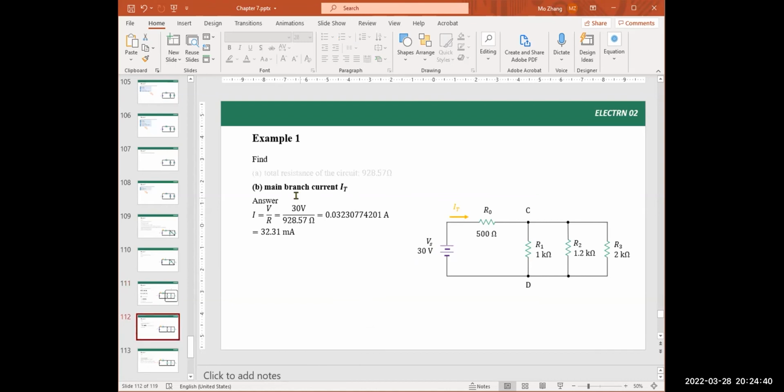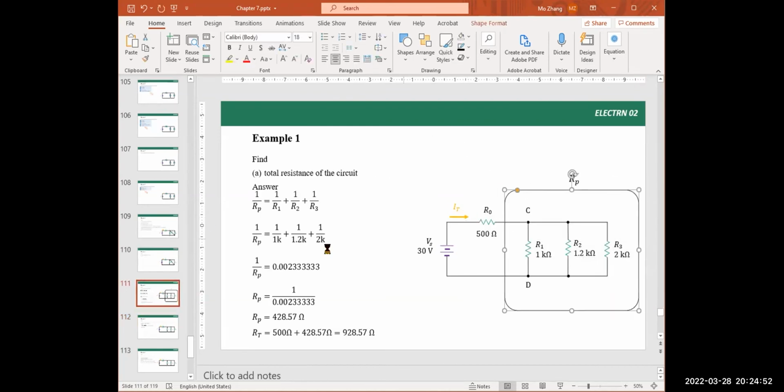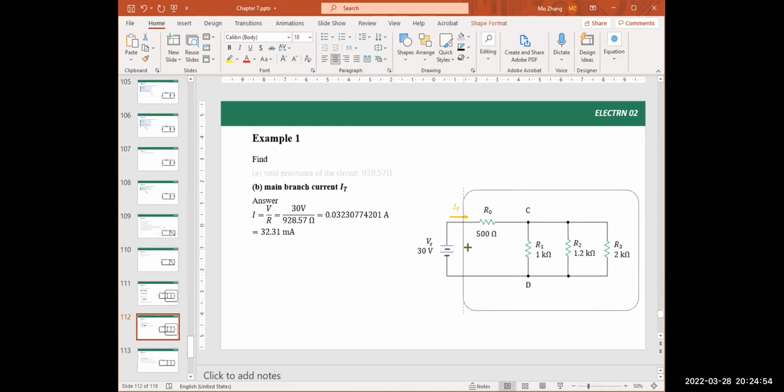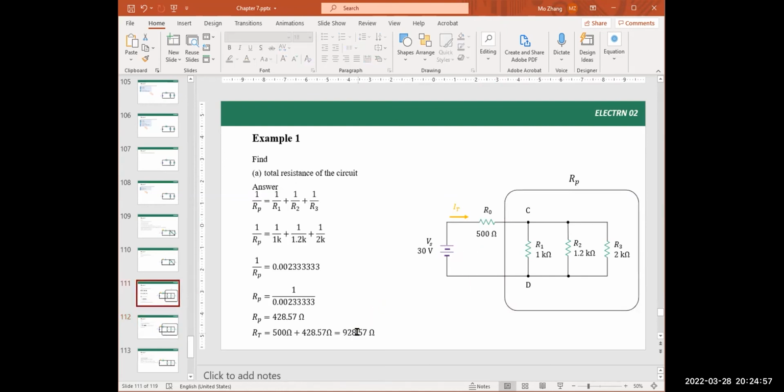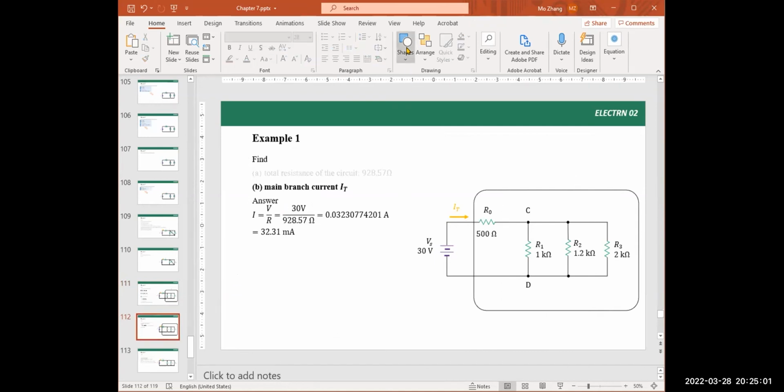And next, we need to find the main branch current, which is this yellow arrow. First we know the total resistance is 928.57 ohm.